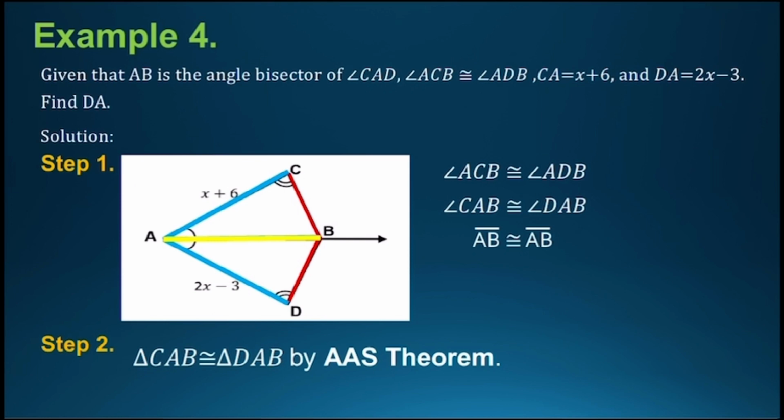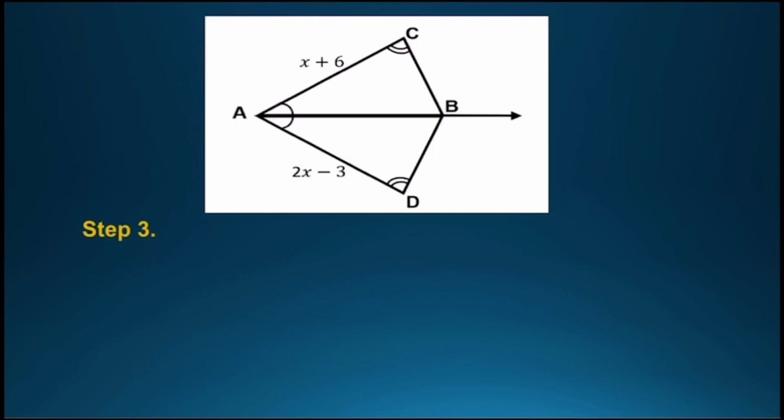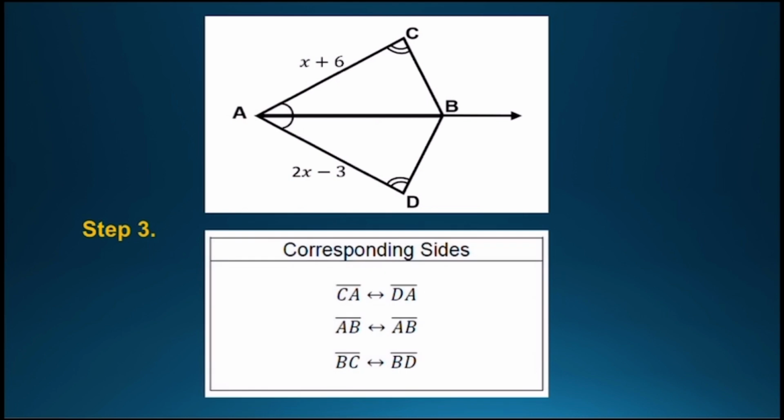For our step 3, we can see that only the sides of the triangle are given. Then we will list only the corresponding sides. So for our first pair, we have line segment CA is same as line segment DA.